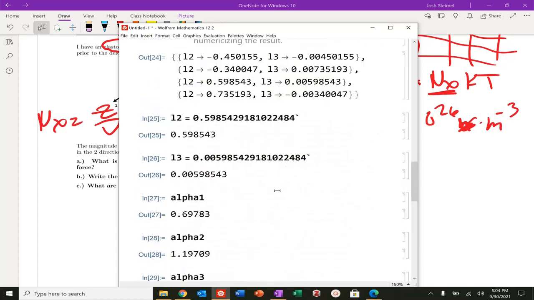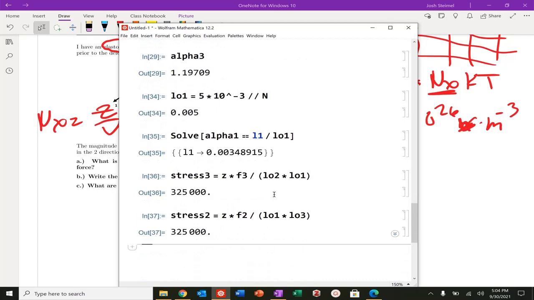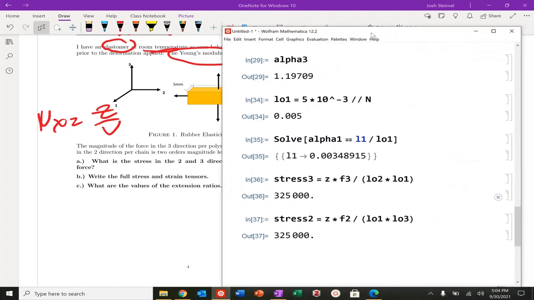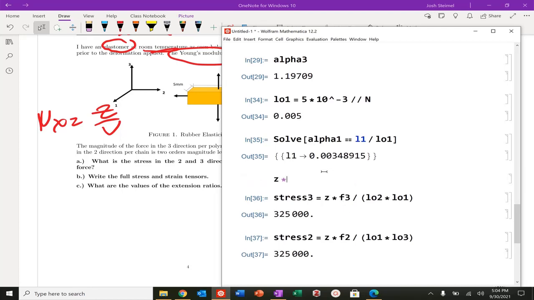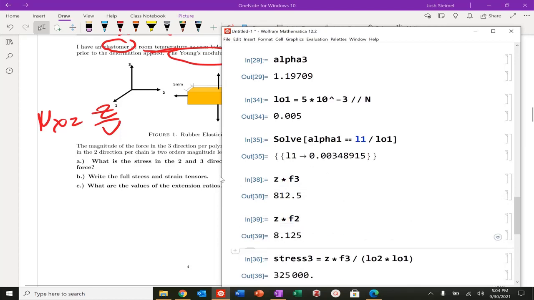If you look at it, our extension ratios were basically equal, so again the stresses were basically equal there. So we've got the stress, we've got the force, because I could just look at F3 and again we got those values. Or I could just multiply out by the volume, so I could just do Z times F3, which would be my total force, Z times F2.